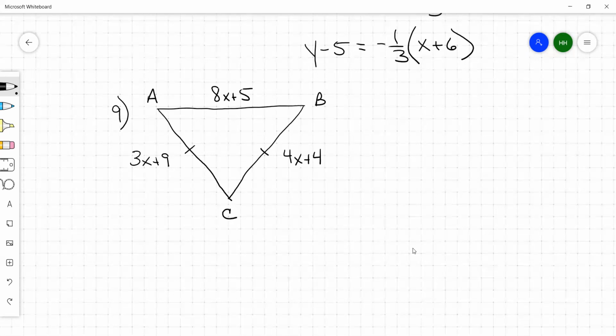So we need to find the length of AB. In order to find the length of AB, we need the value of x. These tick marks, don't these tick marks mean that 3x plus 9 is equal to 4x plus 4?